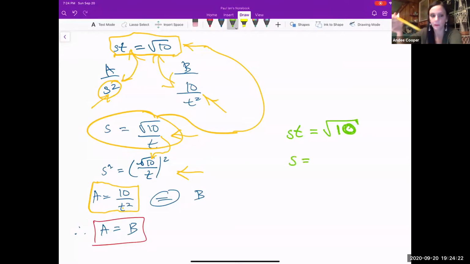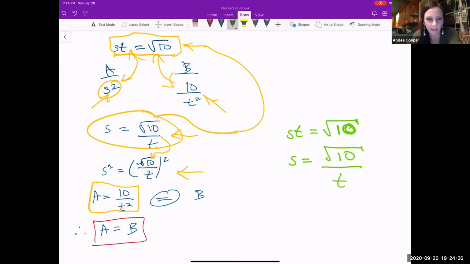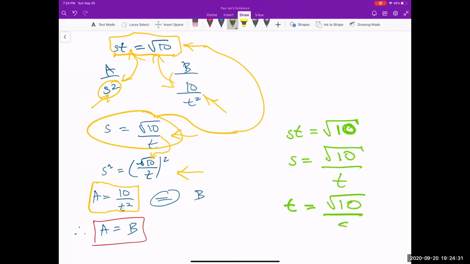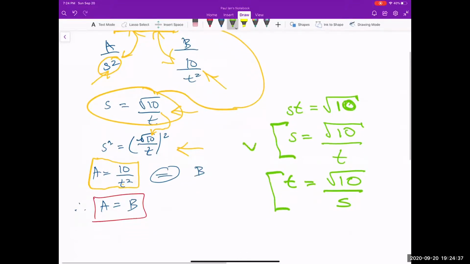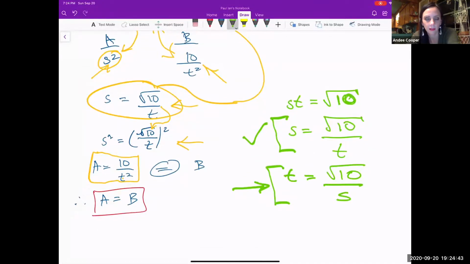And then you did S squared equals, and just simplified that. You could do it two ways. You could have this, which I did, and you could also do this. So what if we did it that way?